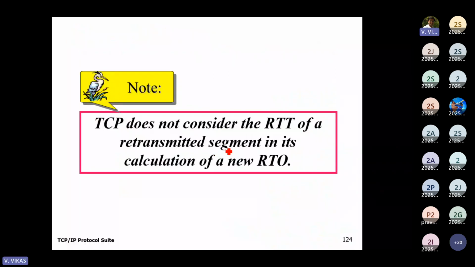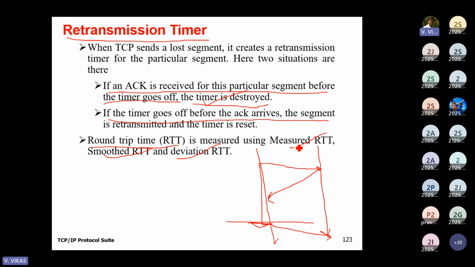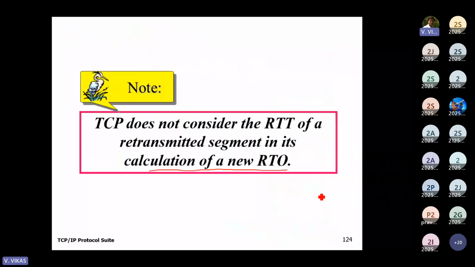Next, TCP does not consider the RTT of a retransmitted segment in its calculation of a new RTO. Basically, we calculate RTT based on measured RTT, smooth RTT, and deviation RTT. Whenever we do retransmission, we are not calculating RTT, so we are not updating the RTO value with respect to RTT. What we do is, let us say the previous RTO value is 60 seconds.